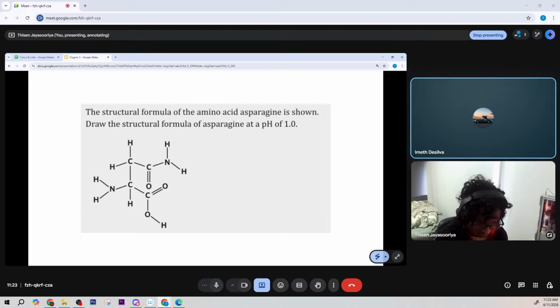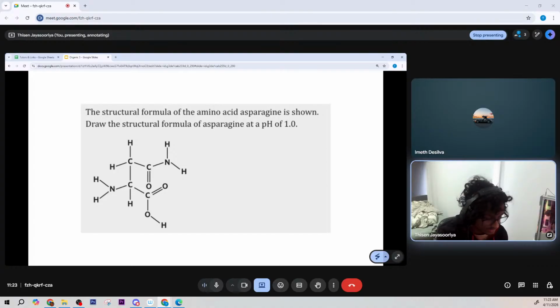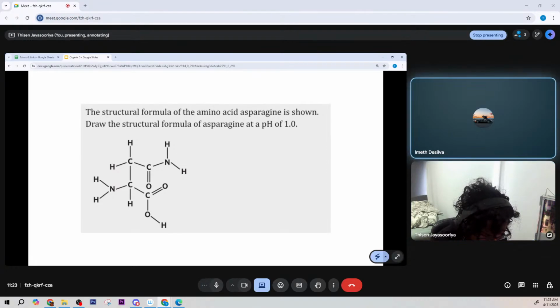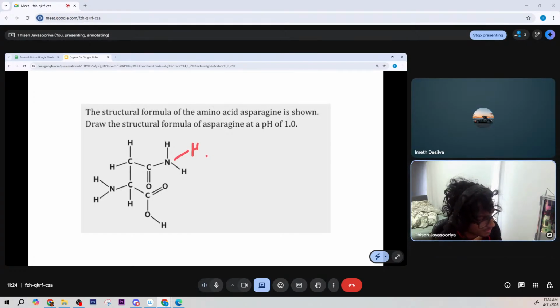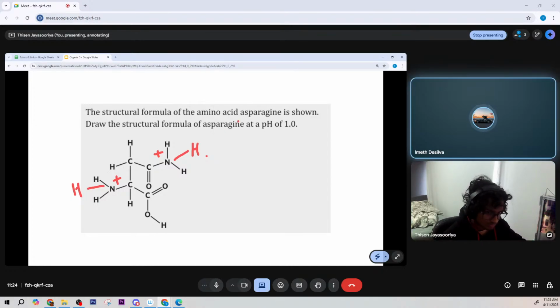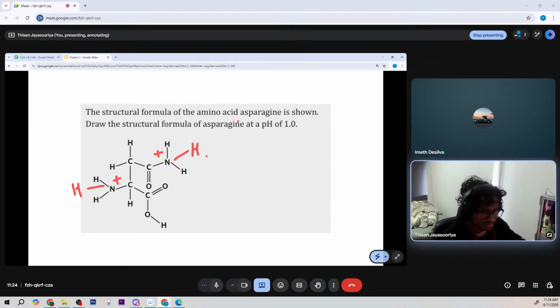It's not acting as an acid. It acts as a base to lower the pH. So here, what's going to happen is that it's going to have an extra H, and an extra plus, and that's what it's going to look like. That's because it's below pH of 7.